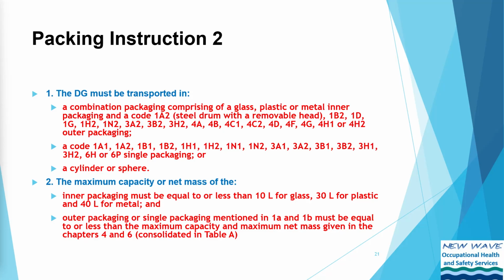And the maximum capacity or net mass of the inner packaging must be less than or equal to 10 liters for glass, 30 liters for plastic, 40 liters for metal, and the outer packaging or single package must be equal to or less than certain maximums, capacities, and masses.